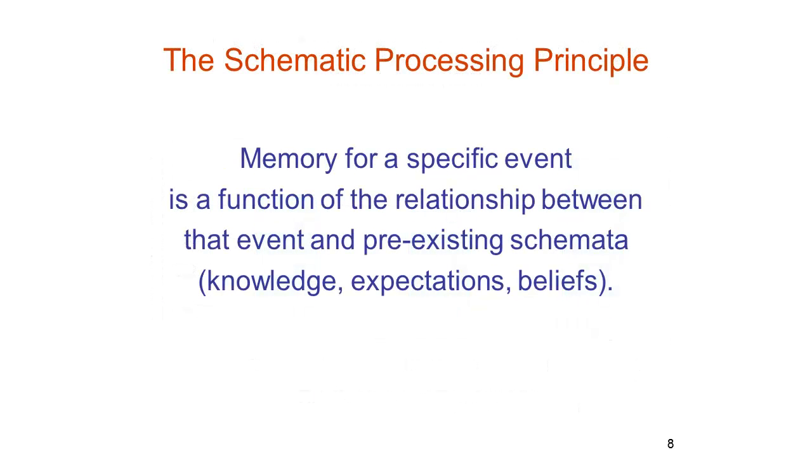This U-shaped relationship between schema relevance and memory illustrates the schematic processing principle, which says basically that memory for a specific event, episodic memory, is a function of the relationship between that event and pre-existing schemata, generalized knowledge, expectations, and beliefs recorded in semantic memory.